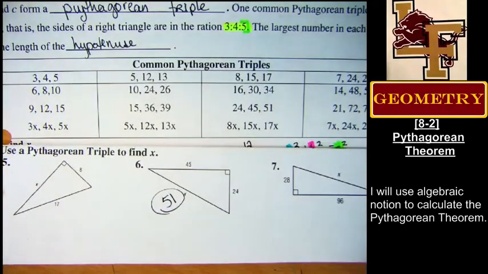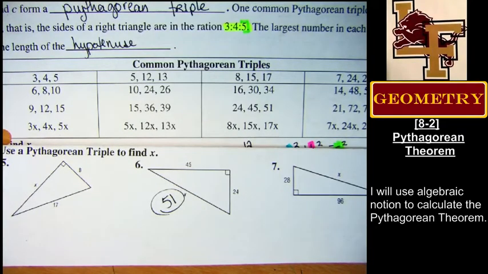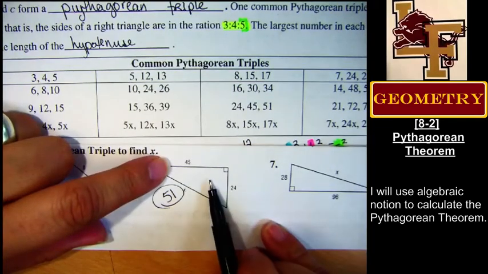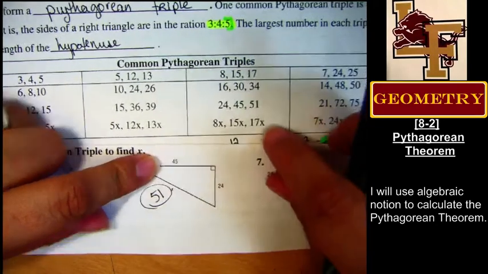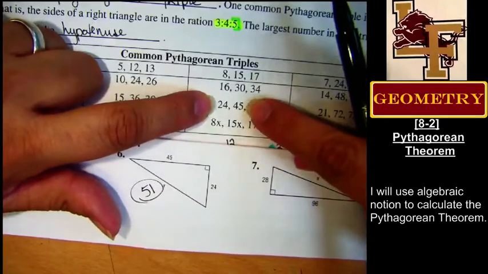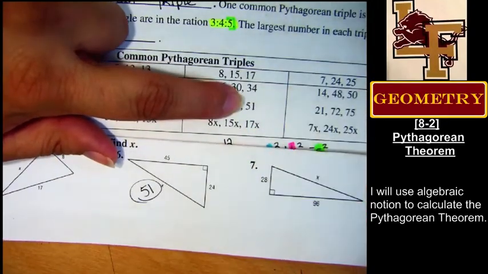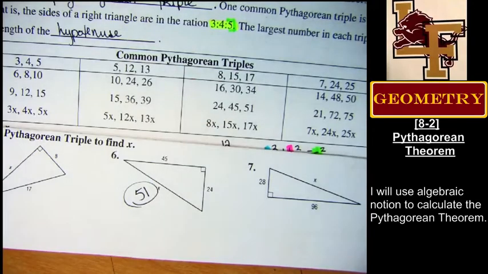Oh, you're done. That's it. It's a shortcut. I matched up: this leg was 24, this leg was 45, and when I looked in my chart, I saw legs 24 and 45. That means that's the hypotenuse. I'm done. I love this question.